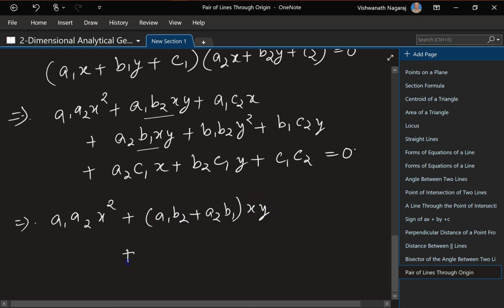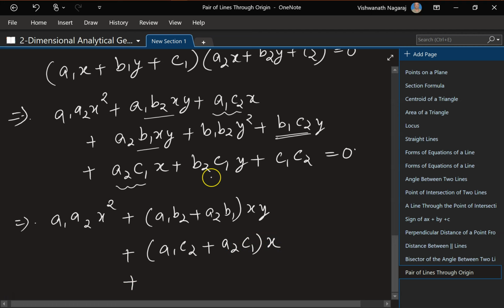Now let's take x. This is x, this is x. So a1 c2 x, let's take it as common out: (a1 c2 plus a2 c1) x.